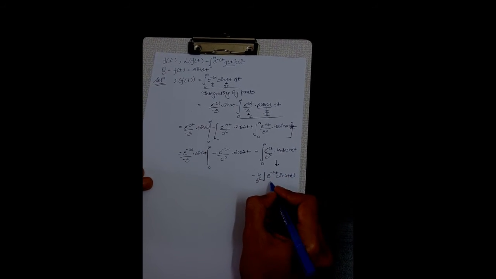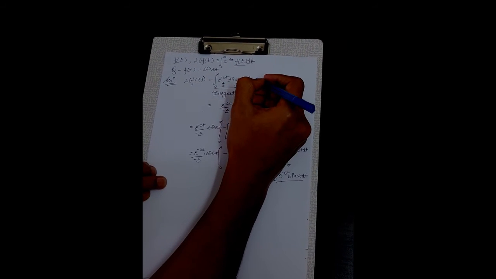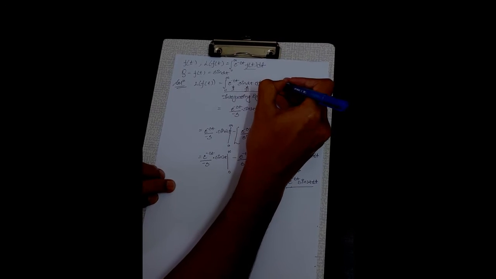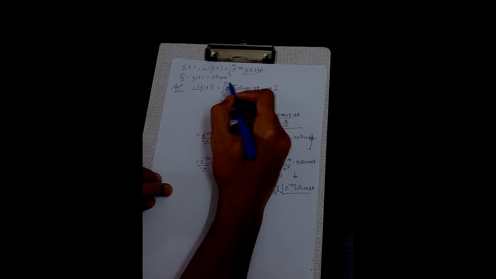Now do you remember something like this? It is similar to the Laplace formula that we used for the function f(t), that is, the integral from 0 to infinity of e to the power minus st sin 2t dt.